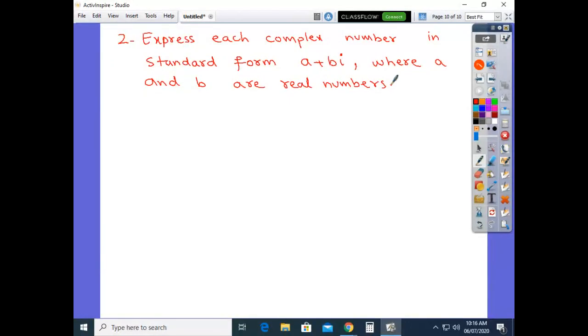The first part is question number 2, part number 1: 2 plus 3 iota plus 7 minus 2 iota. Here we see that there are two complex numbers. The first complex number is 2 plus 3 iota, and the second complex number is 7 minus 2 iota. We simplify it into the standard form of a complex number.